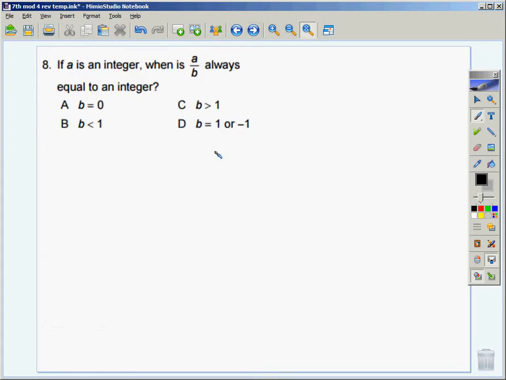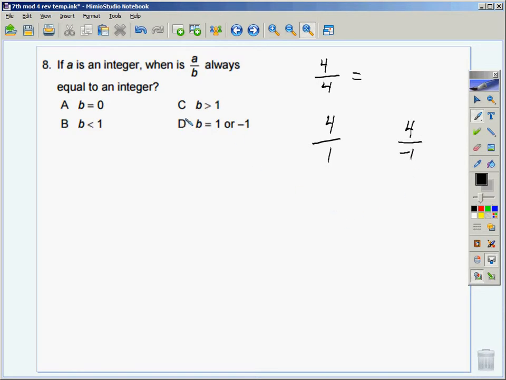Number 8, if A is an integer, when is A divided by B always equal to an integer? Well, if I picked an integer like 4, the only time that I can guarantee that this would result in being an integer, in other words, not having a decimal, is if I divided by the same value, if I divided by A, or if I took it and divided it by 1, or -1.